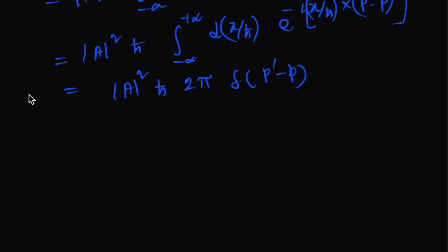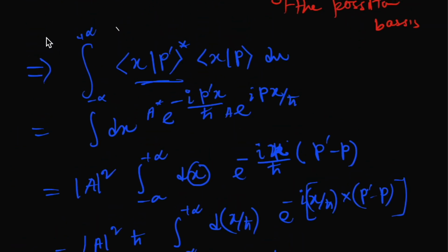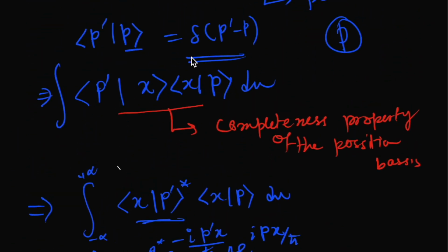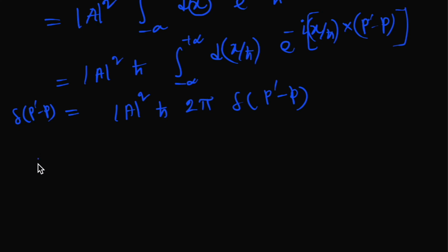That means, since this is actually equal to ⟨p'|p⟩, which is δ(p' − p), |A|² is equal to 1 by 2πħ.